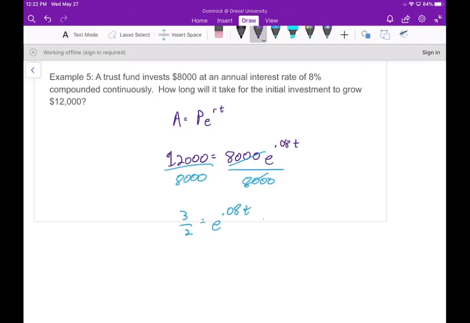And then same idea, we want to convert this to logarithmic form. So we have a log base e, which I'm just going to write as natural log of 3 over 2 is equal to 0.08 times t. So now just divide both sides by 0.08.